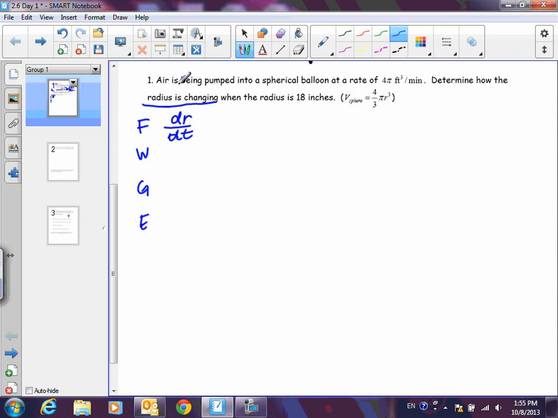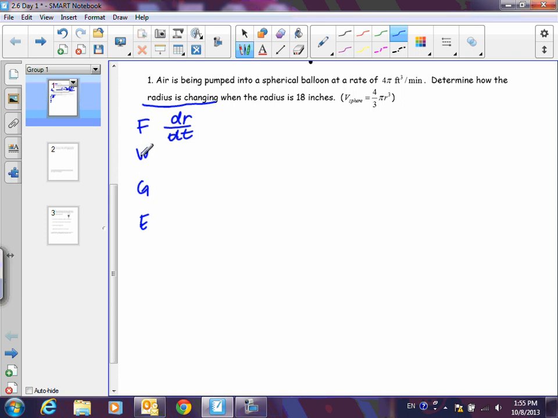This says determine how the radius is changing. Anytime you see rate, change, or rate of change, they're talking about the derivative. In this case, we're talking about the derivative of the radius with respect to time. That's what we're trying to find. Our final answer is going to be dr over dt equals something, and that's going to tell us how the radius is increasing or decreasing.